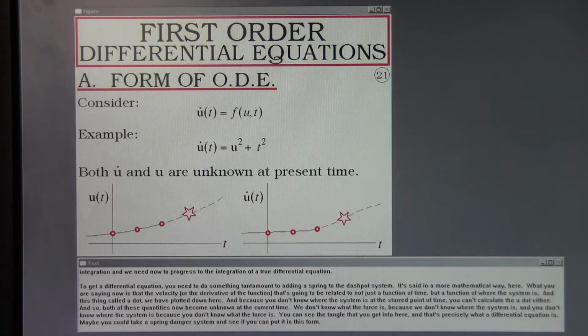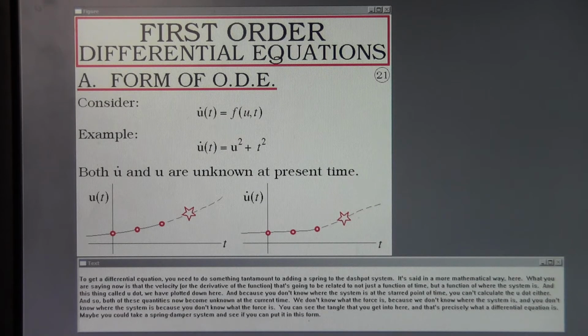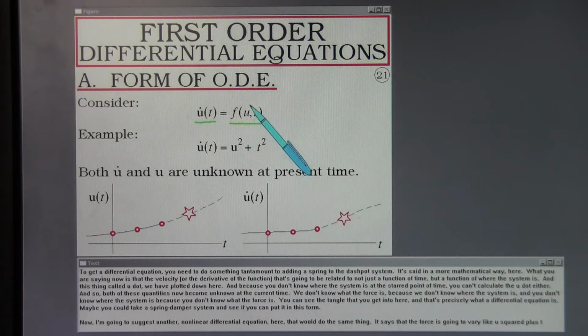To get a differential equation, you need to do something tantamount to adding a spring to the dashpot system. It's said in a more mathematical way here. What you're saying now is that the velocity or the derivative of the function is going to be related to not just a function of time, but a function of where the system is.